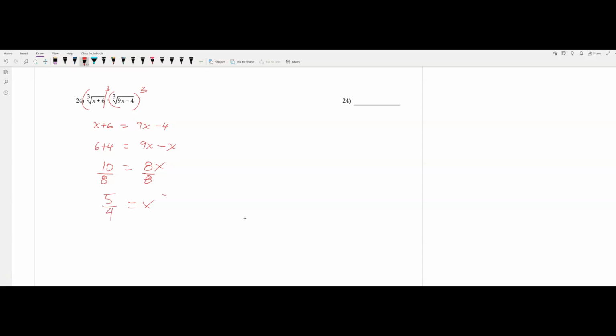So again, you're going to check. So the cubic root of 5 over 4 plus 6 is equal to the cubic root of 9 times 5/4 minus 4. So let's see. So that's 5 plus 24, 29 over 4. That's the cubic root.